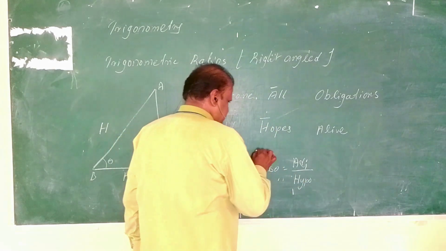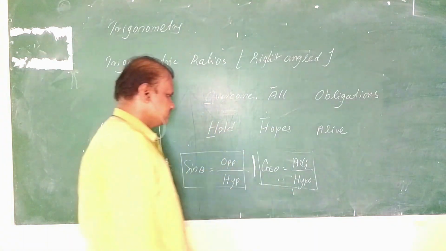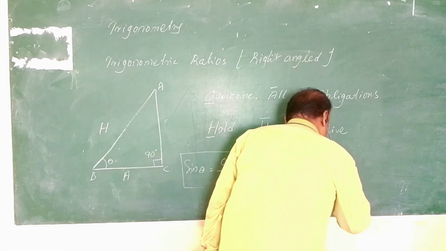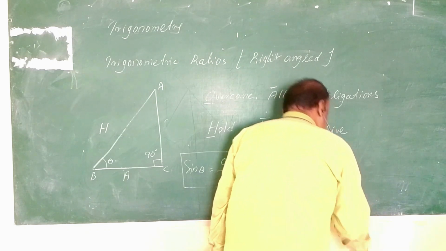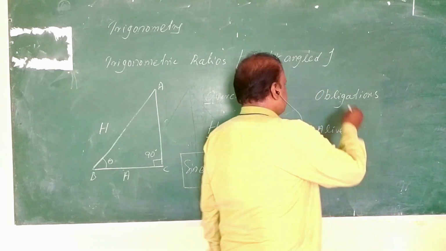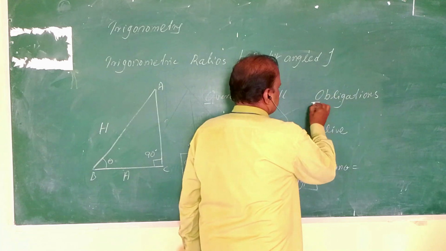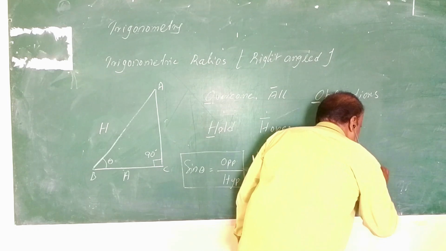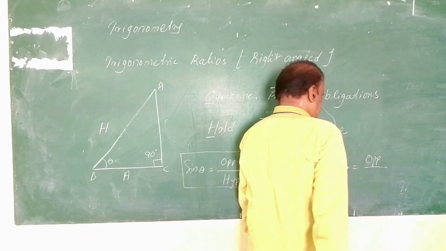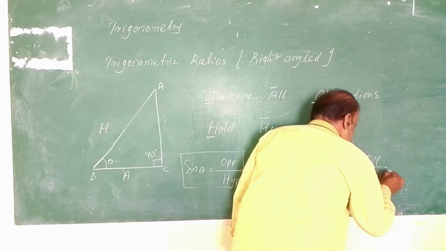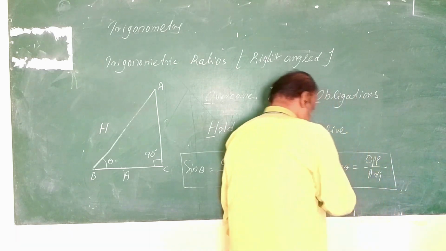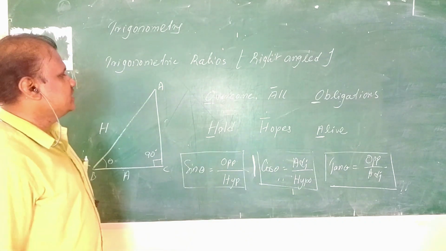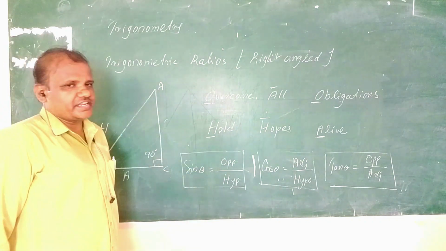This is the second trigonometric ratio. And the third is tan theta. Here O again A, the ratio of opposite side divided by adjacent. By using these two quotations, you can define the three trigonometric ratios.